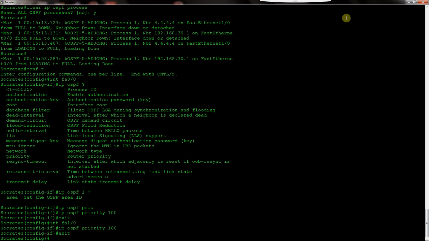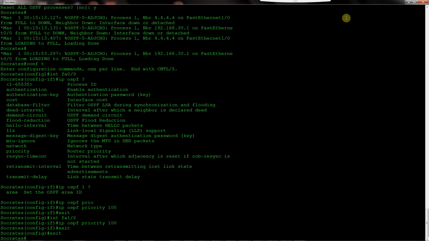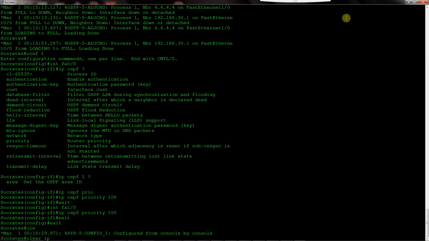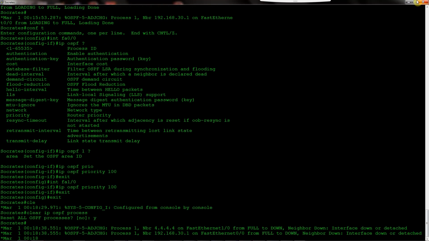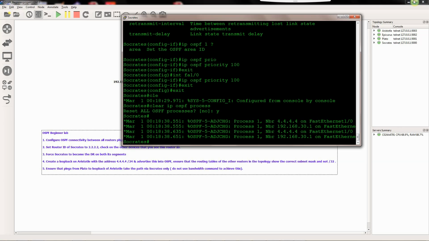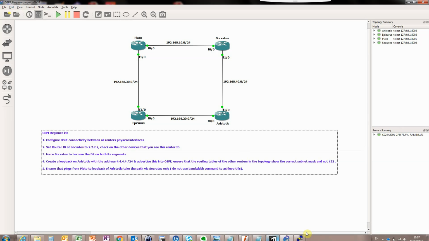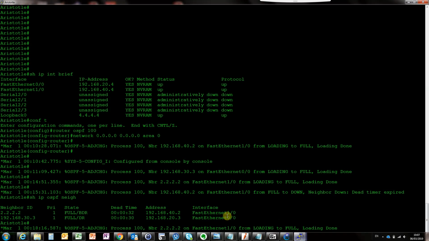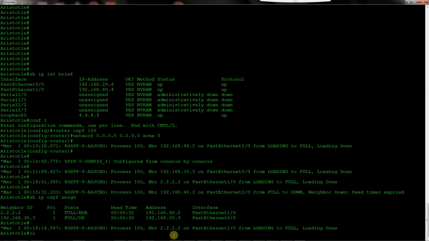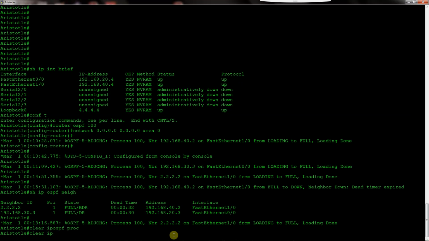What we then need to do, again, is clear the routing process on both sides. So we're going to reset the process on Socrates. We're now going to reset the process on Plato and Aristotle as well. Oh, fat fingers this morning.